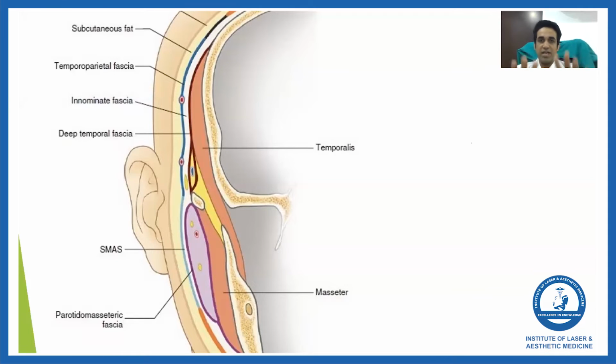It is essentially aponeurosis only, just that anything attached below the zygomatic arch is called the SMAS layer. SMAS stands for superficial musculo-aponeurotic. Okay, somebody has started drawing now.